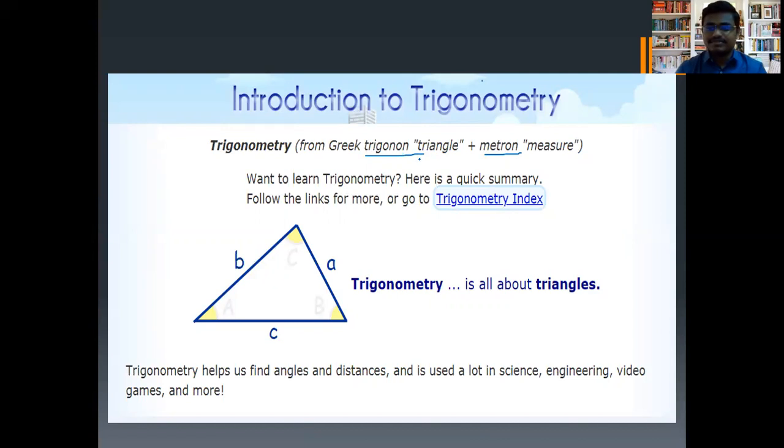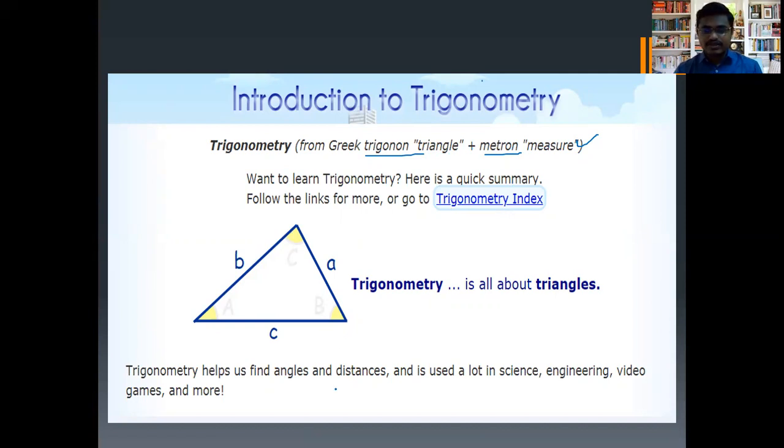Trigono means triangle, and metron means measurement. So it's a triangular measurement basically. Till ninth grade, we learned that a three-sided closed figure is called a triangle. Here we are going to mainly focus on right angle triangles.